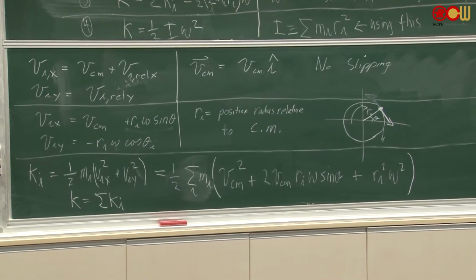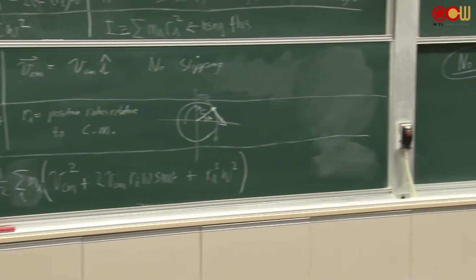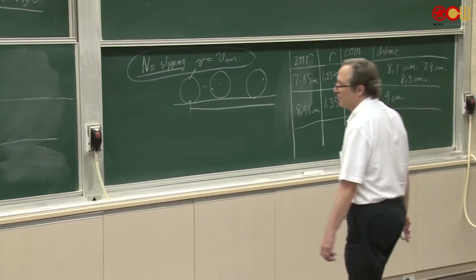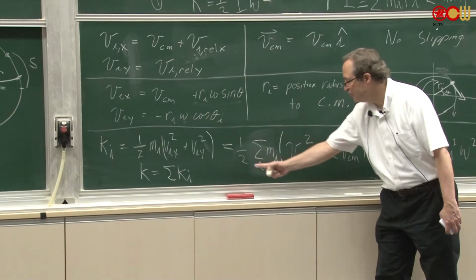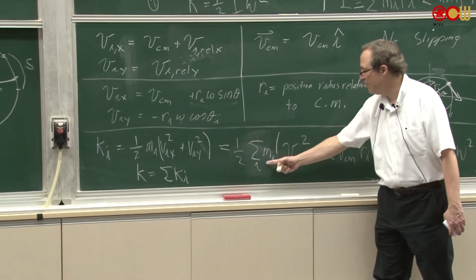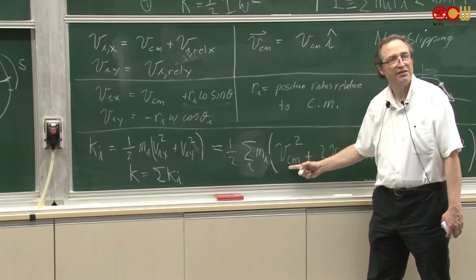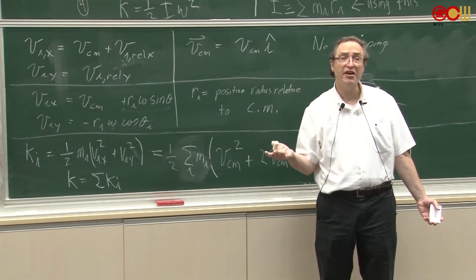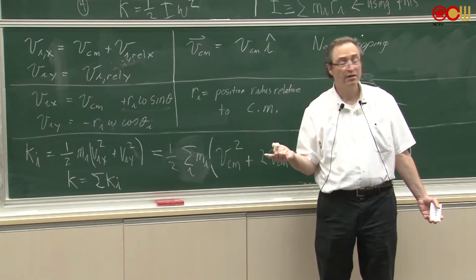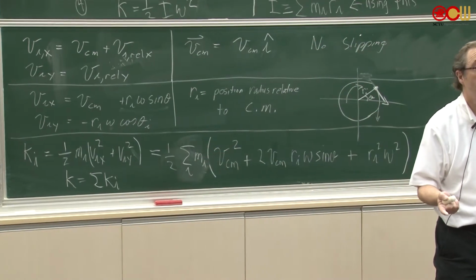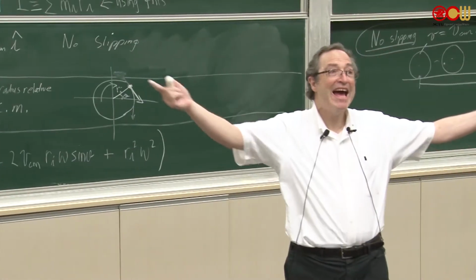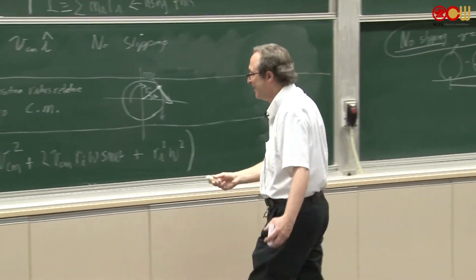Does anyone see which one and why? Let's go term by term. Is this term 0? The sum of mi times this? Is VCM 0? No. Is the sum over the masses 0? No. What is it? It's the mass of the object, right?